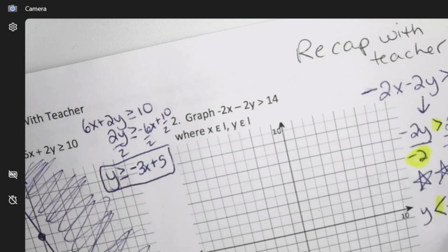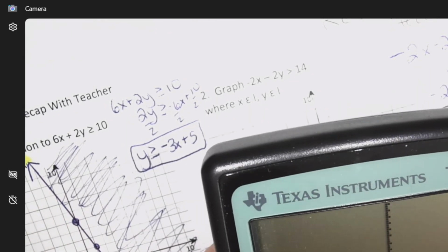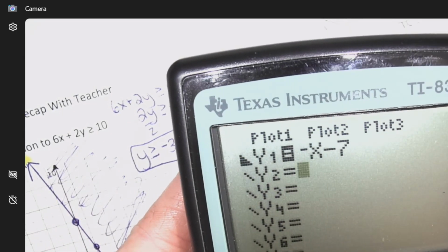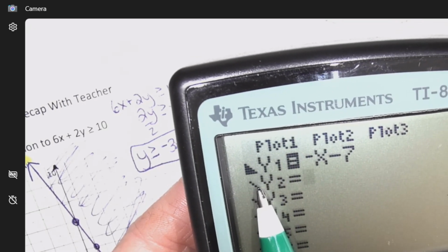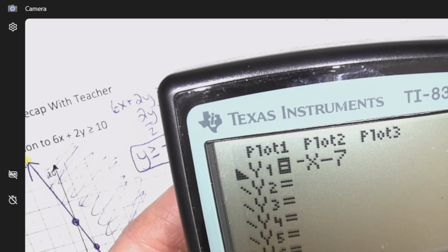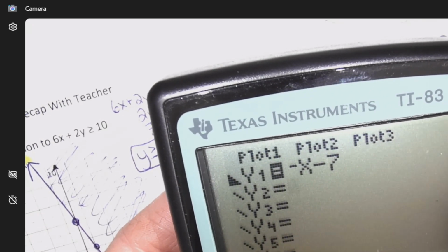Okay, calculator ready? So here's my typing. I have the less than direction, the down arrowed part, and then negative x minus 7. So this is the baby negative, and this is the subtract, right?